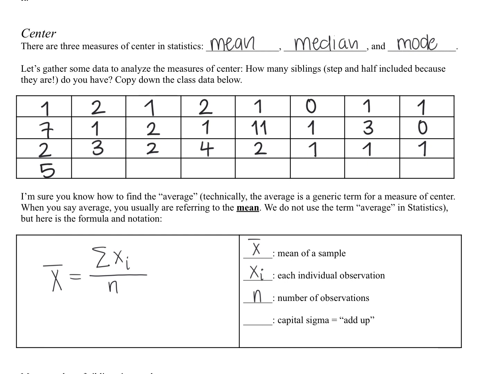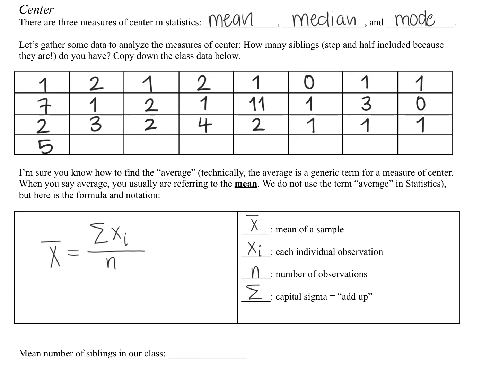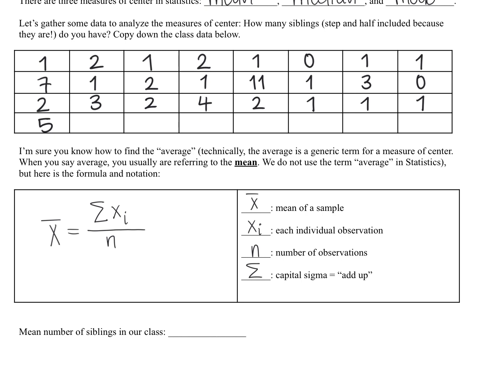And then lastly is the Greek letter sigma, which means to add up. It means to sum. So basically that formula is just taking the words for how we calculated mean and putting it into a formula. So instead of saying add up all the numbers and divide by your sample size, we now have a mathematical formula for those instructions.